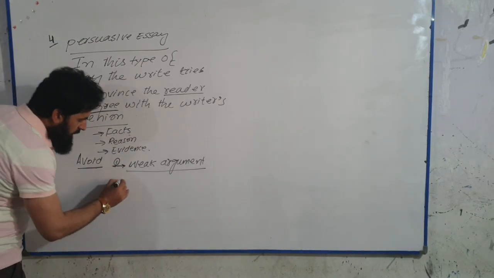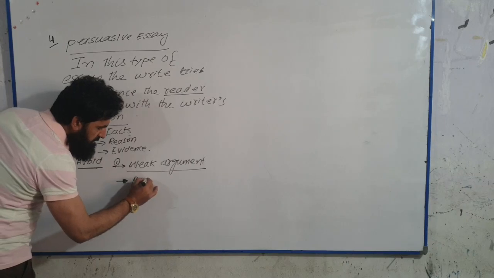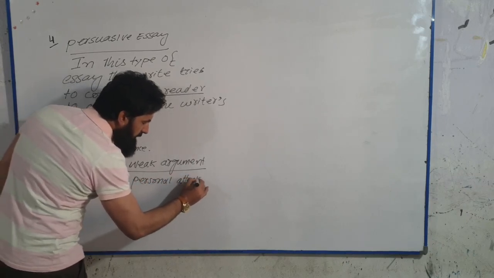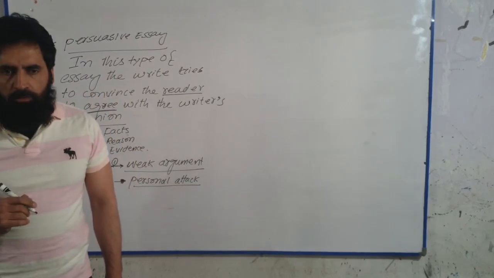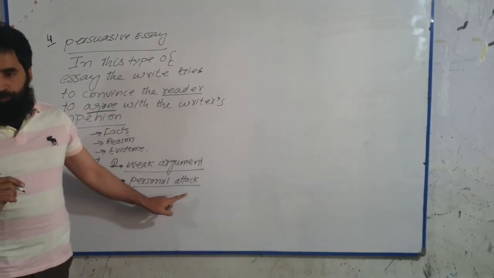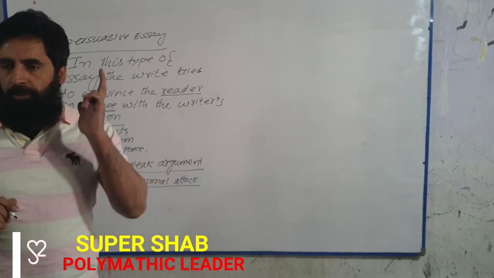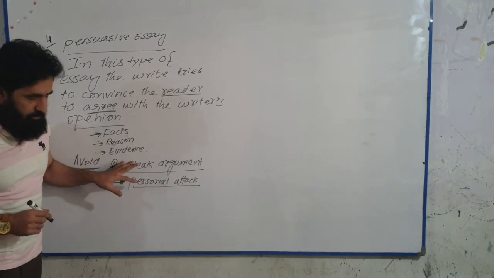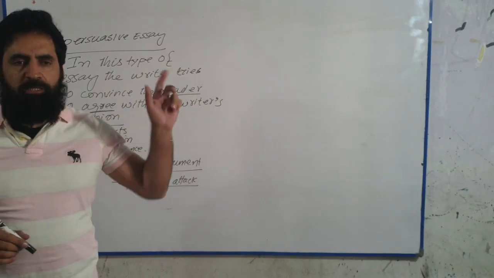Number second, personal attack. You should not attack someone's personal point of view. You should focus on your specific topic that you are writing. So these two things mainly should be avoided whenever you write a persuasive essay.